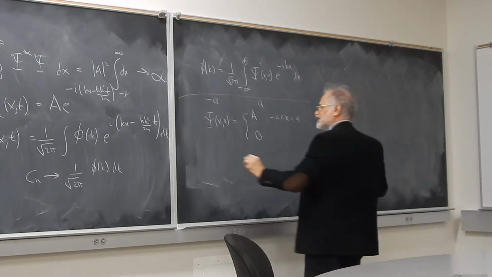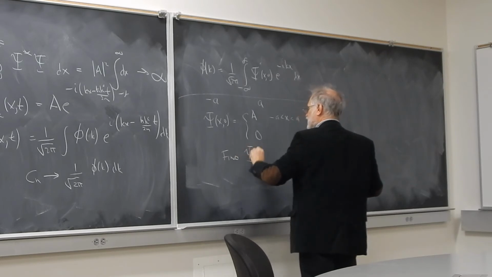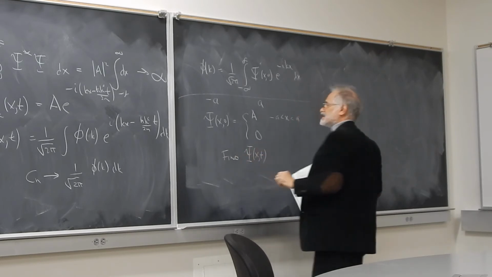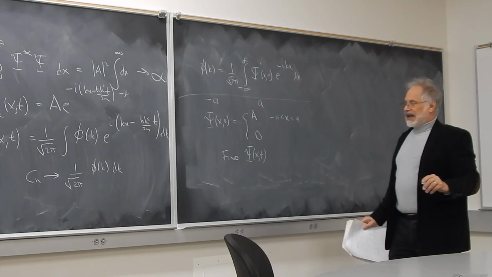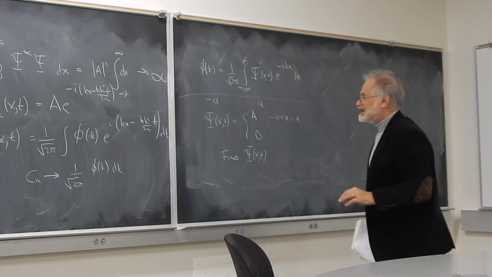And what we want to do is find psi of x and t. So we can't just multiply by e to the minus i E t over h bar.